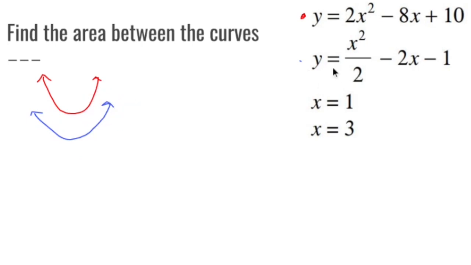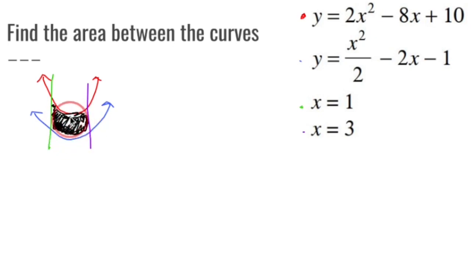But what I also know is that x equals 1 when graphed is a vertical line, and x equals 3 when graphed is a vertical line, and I care about this shading right here in between these guys. So when you find the area of a curve in general, you take the integral.